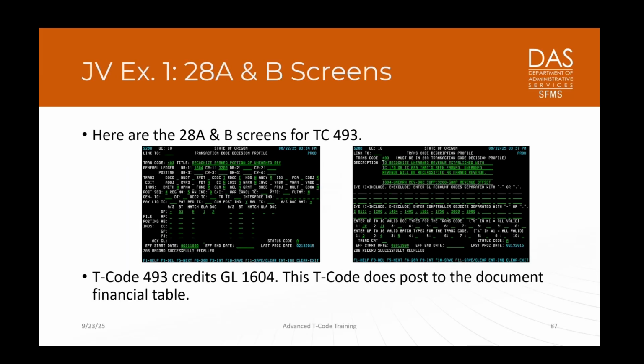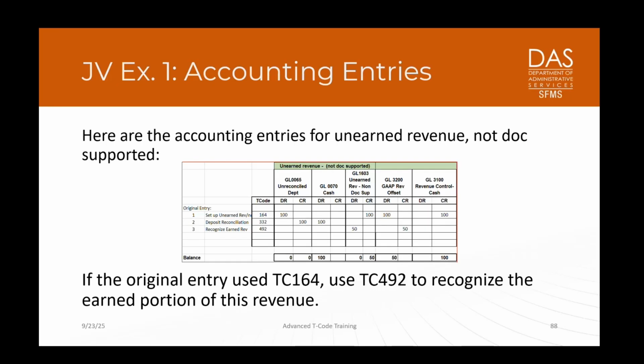And T code 493 on 28A and 28B screen identifies the situation where revenue was established with T code 170 or T code 699. So let's map it out. Let's map it out to see how that will work out.